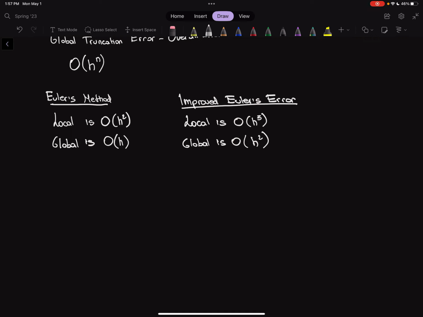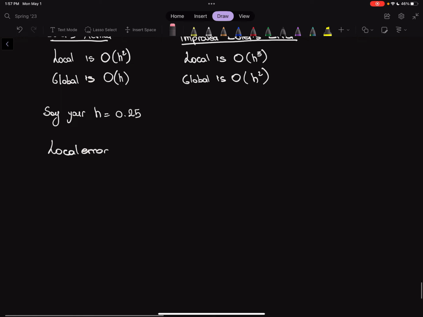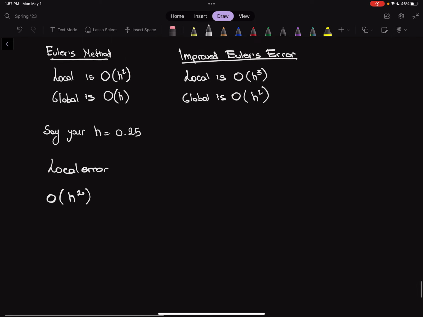Say your h is equal to 0.25. For Euler's method, your local error would be O of h squared, which we have right here.